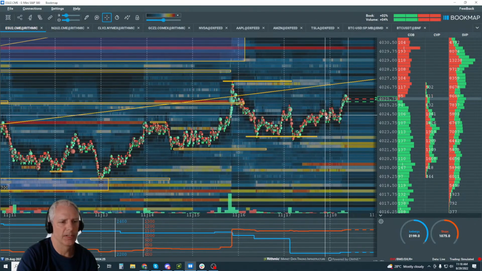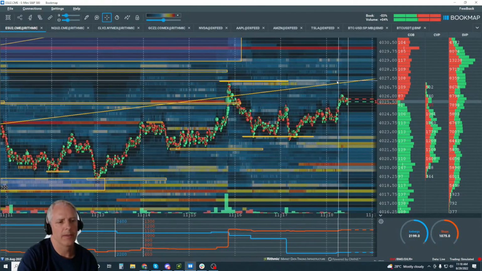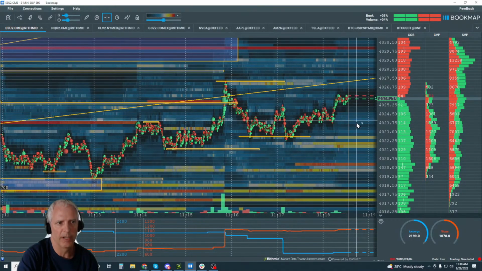Okay, but that's how important it is. I'm just a firm believer in market structure. The more we understand of market structure, and then just looking at the volume within it and the liquidity within it.